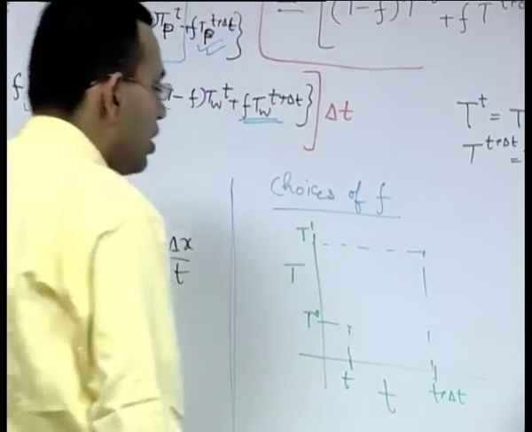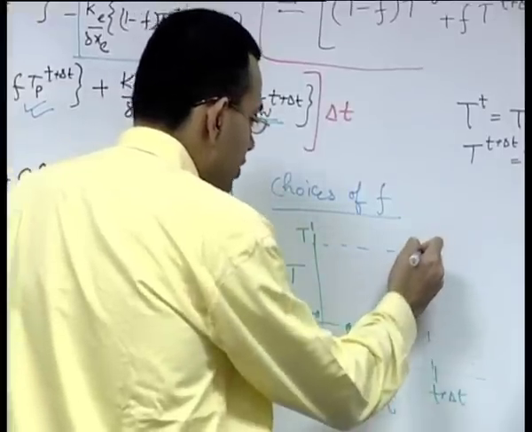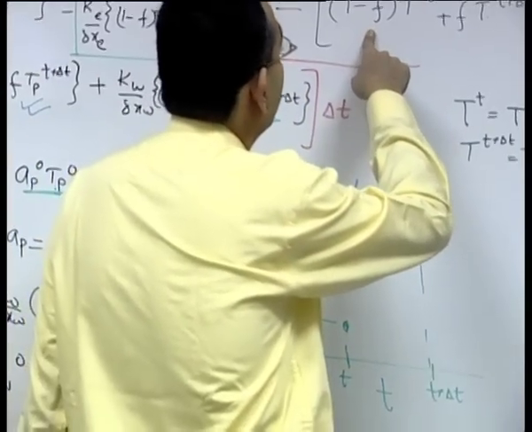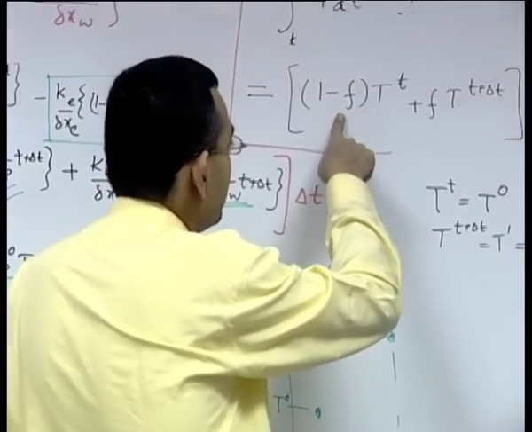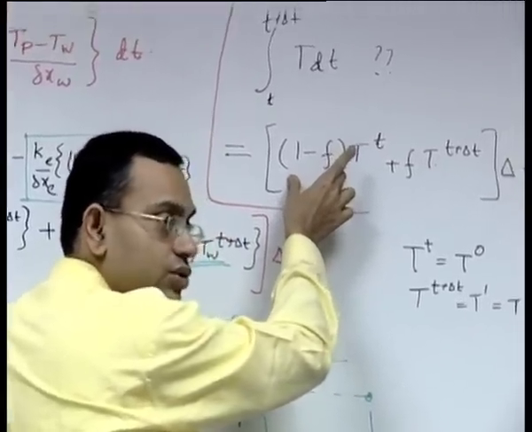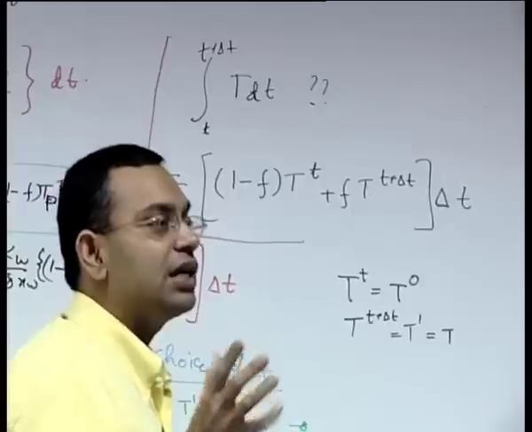Let us say that the values of the temperature at the instants of these two times are T0 at time t and T1 at time t plus delta t. In between, how does it vary? So, now look into this formula. First let us consider f equal to 0. Remember here f lies between 0 to 1. So, f equal to 0 and f equal to 1 are some special cases.